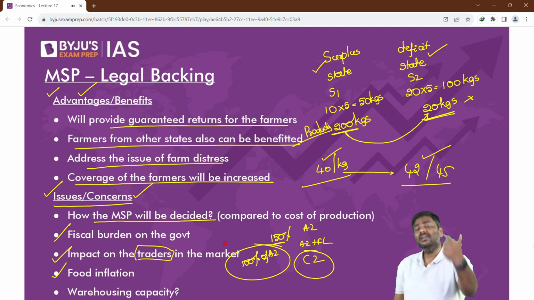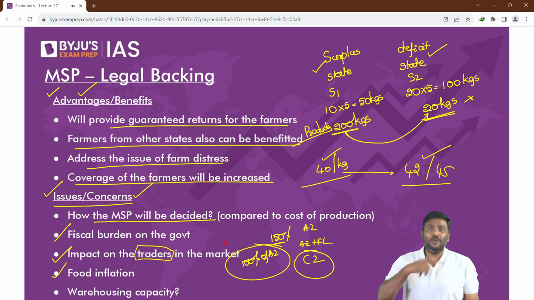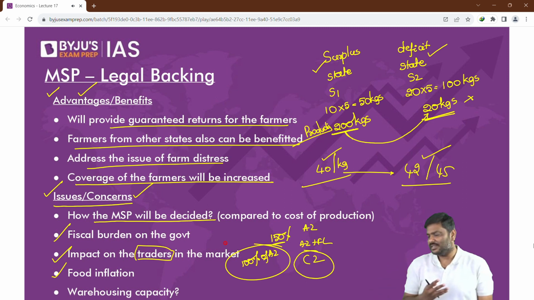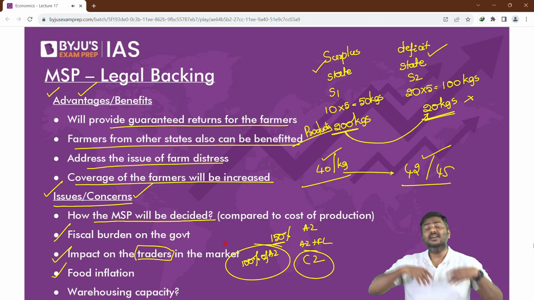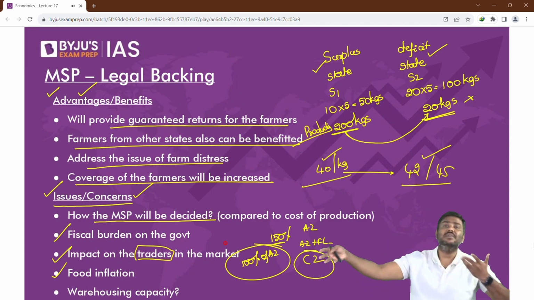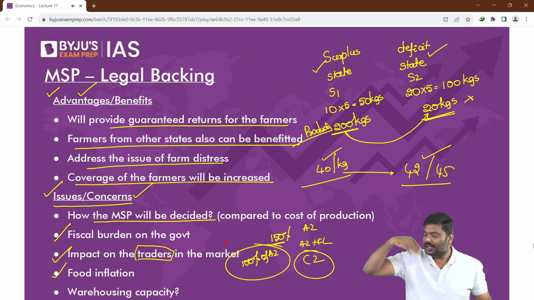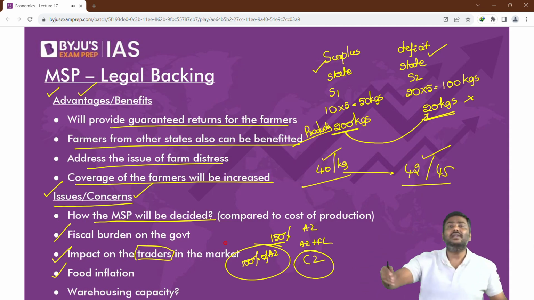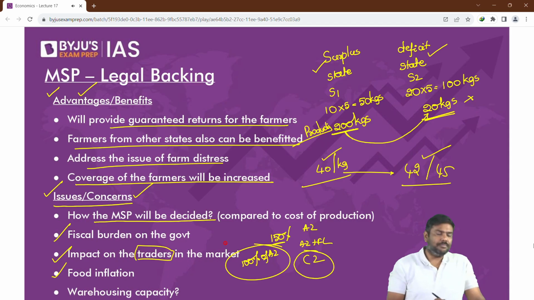Okay, I'll bring an MSP law and I'll give you legal guarantee, but I will give you 100% of A2. So I hope you understand how the MSP will be decided. On what basis the government might announce MSP once it is legalized will also have an impact on the earnings.